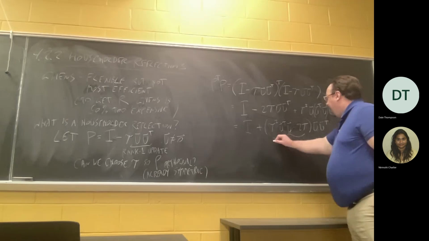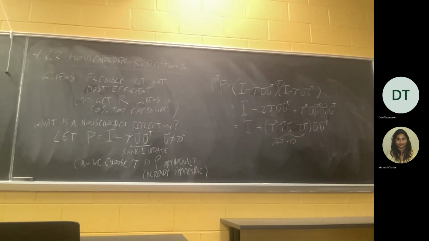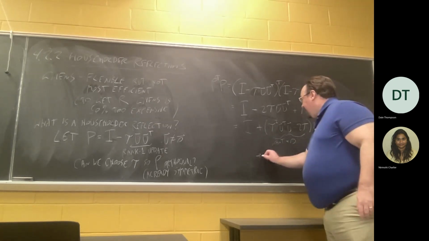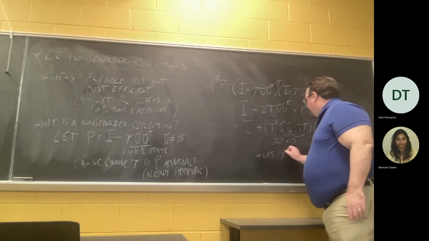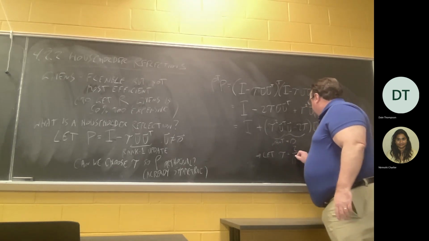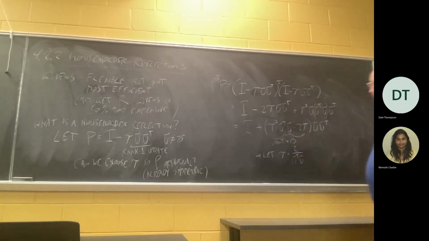Therefore, I want this whole thing to be equal to 0. And we could set tau equals 0, but that's not interesting because then P is just the identity. So we'll let tau be equal to 2 over U transpose U. So for that value of tau, P turns out to be not only symmetric, but orthogonal.